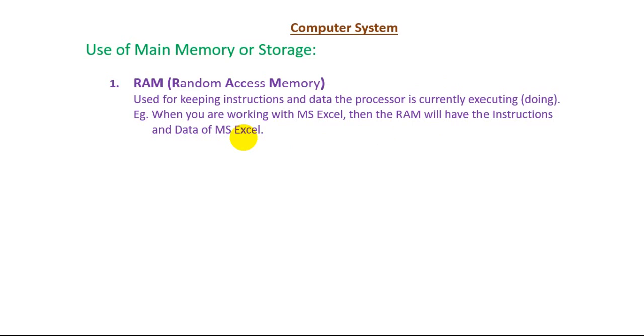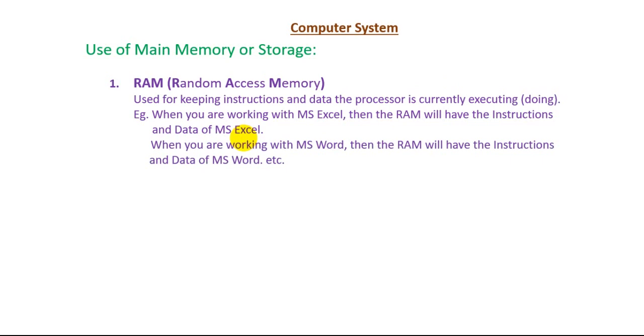Similarly, if you are running Microsoft Word, that means the RAM has that code or the instructions and the data, and the processing unit is taking instructions from that. Then only you can create a Word document, do spell checking on that, save it and so forth. All those operations become possible because the processing unit is following a certain set of instructions. Now, as I told you earlier, you can't see these instruction sets. These are all in the RAM.